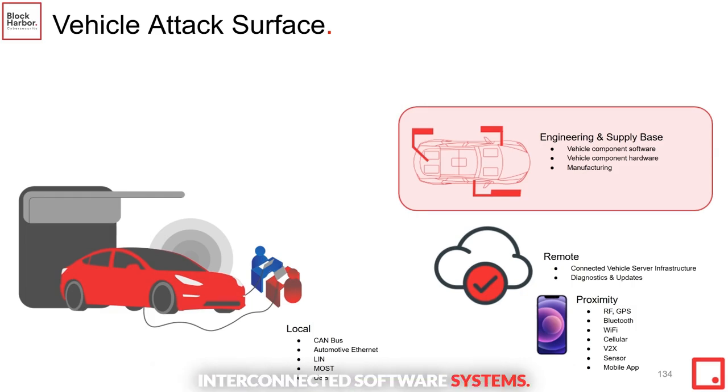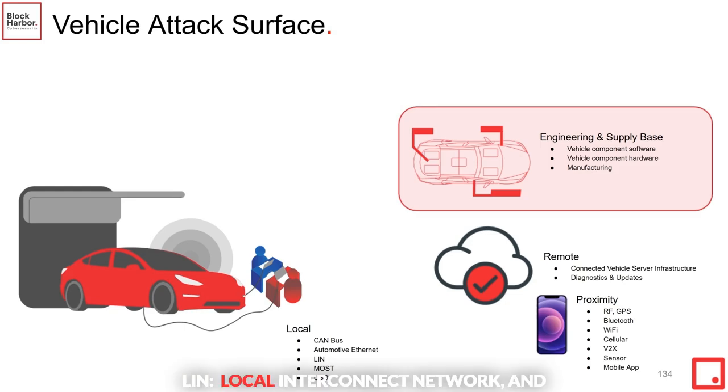Next, local attack vectors. These include physical interfaces and networks within the vehicle, such as CAN bus, the controller area network, which connects various ECUs. Compromising the CAN bus can allow attackers to control vehicle functions like braking or steering. Automotive Ethernet, used for high-speed communication between systems, particularly in modern vehicles.